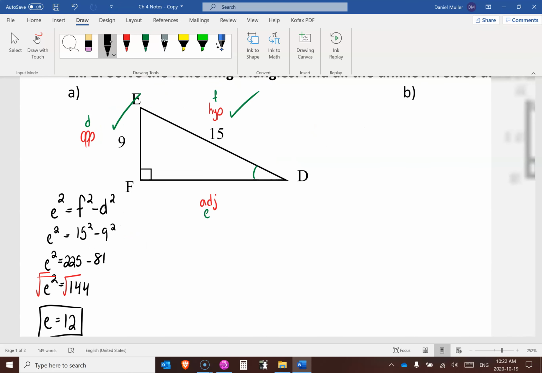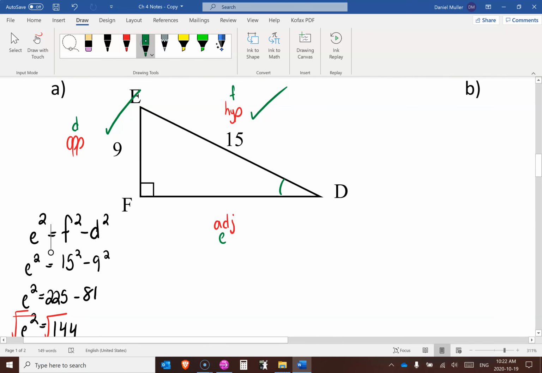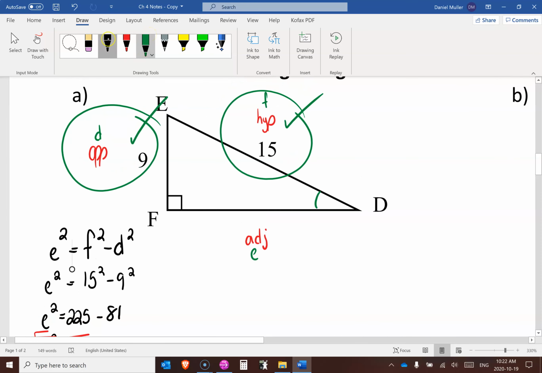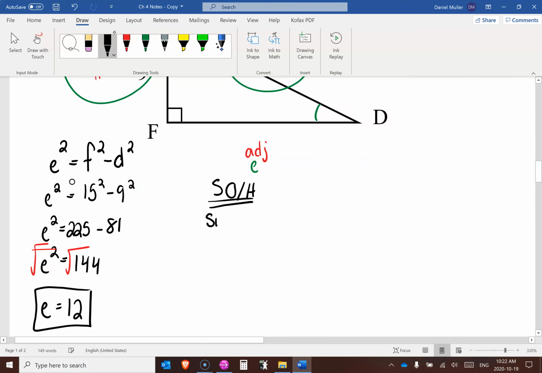I found e. But now to actually do the SOHCAHTOA stuff, I need to find my angle. So I need to find D, and I've been given opposite and hypotenuse. So I'm given two things. So what is that? O and H. So O and H, which is sine. So sine of some angle is equal to O opposite over H hypotenuse.